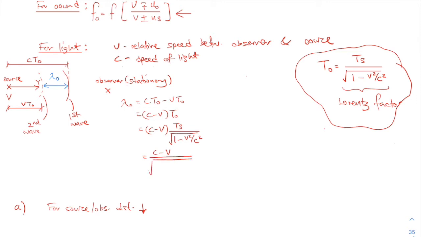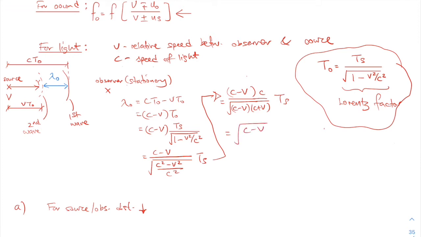The square root factor, I'm going to bring it to a common denominator, and rearranging, I get c minus v over square root of c minus v times c plus v, and my denominator c squared, when I square root, I bring it to the numerator as c, and c minus v divided by square root of c minus v, I get square root of c minus v.